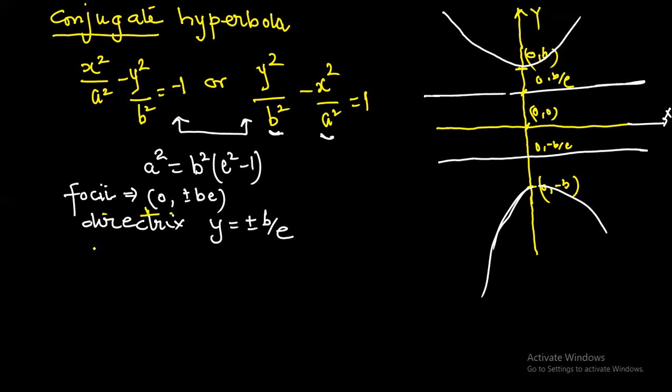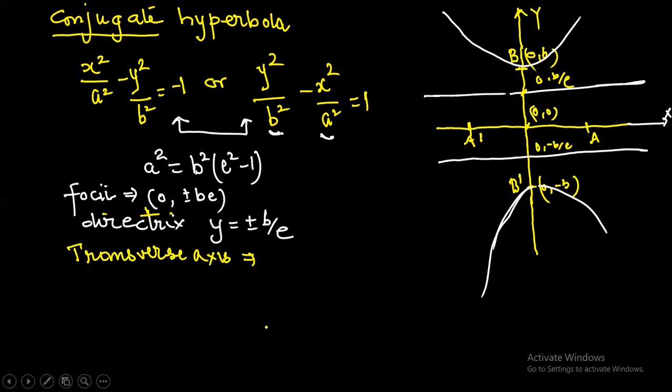Now let's talk about the transverse axis. Let's consider this as b and b dash. The notation remains the same as what we have used in x square by a square minus y square by b square is equal to 1.